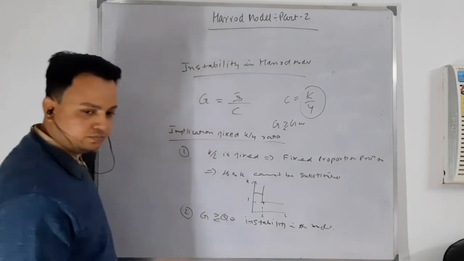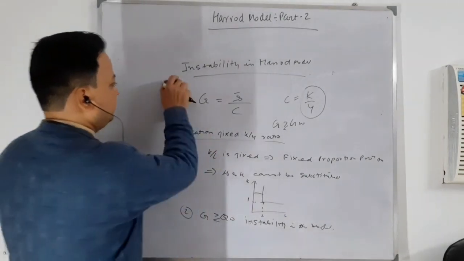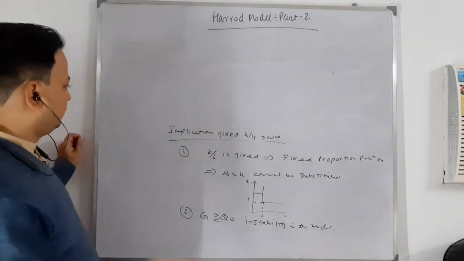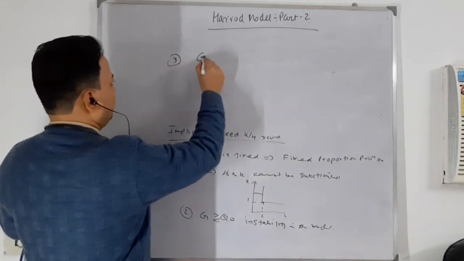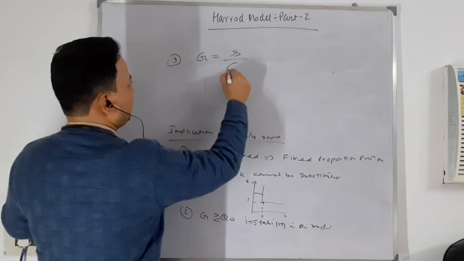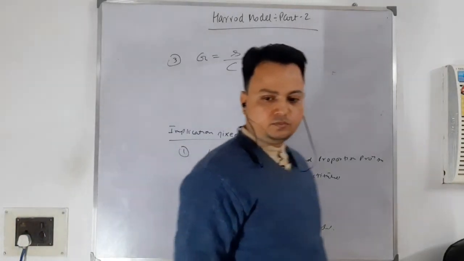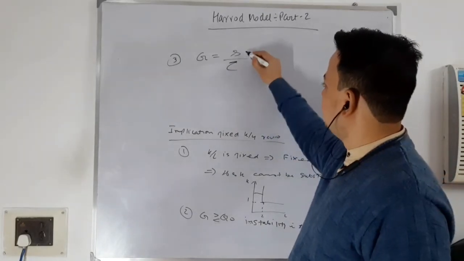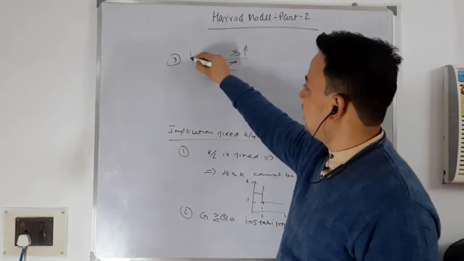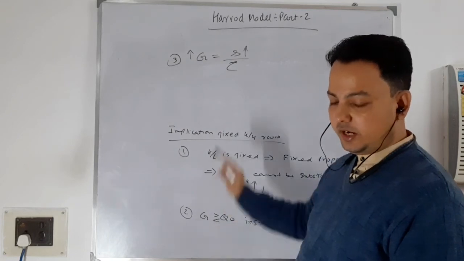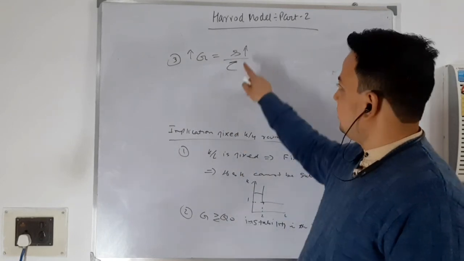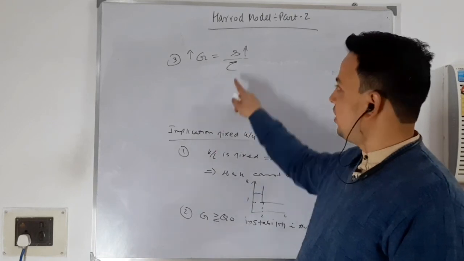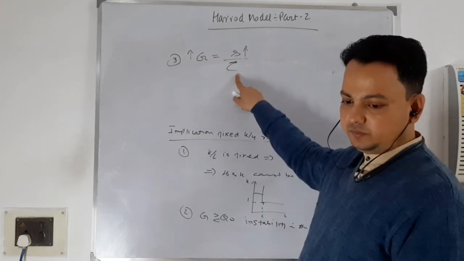Third implication: growth is the ratio of saving and capital output ratio. Capital output ratio is fixed. When I increase saving, growth can be increased permanently in the Harrod model. Why? Because the capital output ratio is fixed.